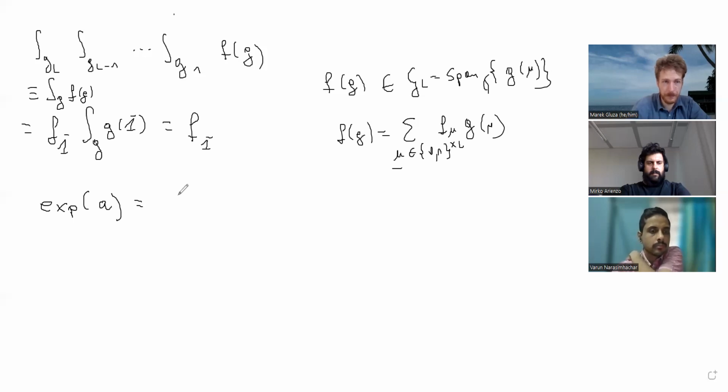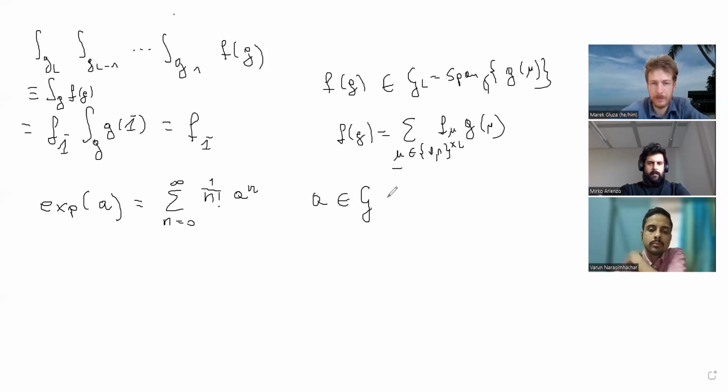We define exp of a to be defined by this, first of all, formal series: the sum of 1 over n factorial times a to the power n. Yeah, so that's the standard definition of this. But if a is in the Grassmann algebra, then first of all I wanted to show a computation.